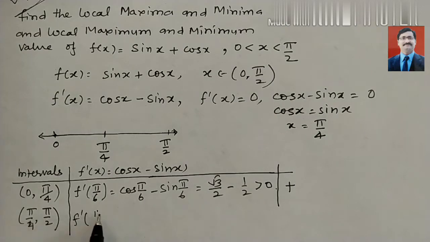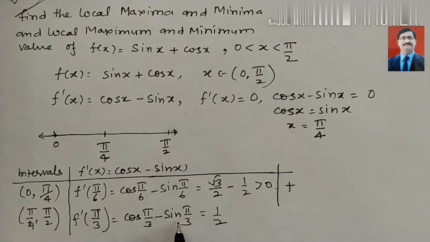We can take 60 degrees, which is pi by 3, so cos pi by 3 minus sin pi by 3. Cos pi by 3 is 1 upon 2 and sin pi by 3 is root 3 by 2, and this is less than 0, which means negative.